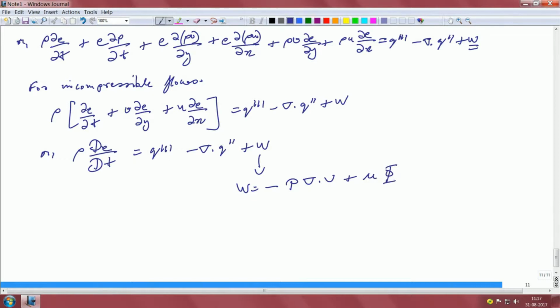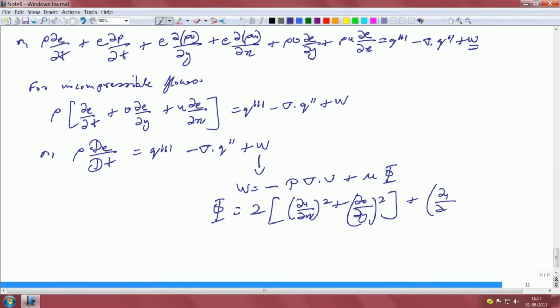Okay. What is phi? Phi is basically 2 into du dx square plus dv dy square plus du dy plus dv dx square. Got it? This can all be derived from the previous expression that you had, you just have to go through the steps. This is what we call viscous dissipation.